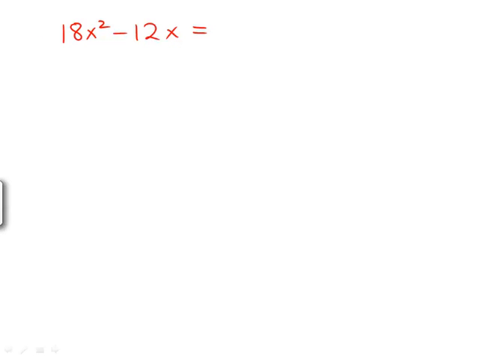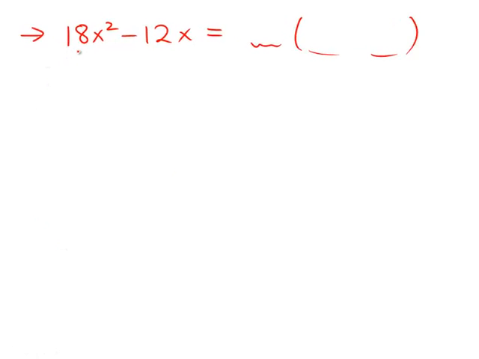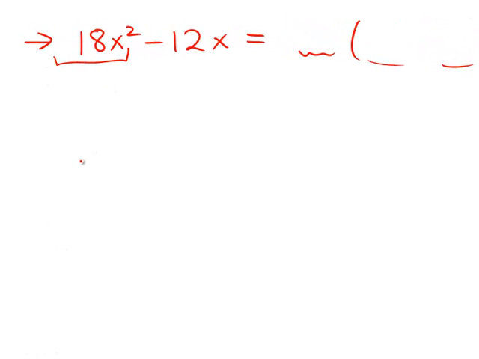If we are only given the expanded form of 18x squared minus 12x, how do we get back into something times two terms? We've got two terms, so we have to keep two terms. Well, let's break this down and see what's in the first term. In the first term, positive 18x squared, you've got 18, which is made up of 2 times 9, which is made up of 3 times 3.